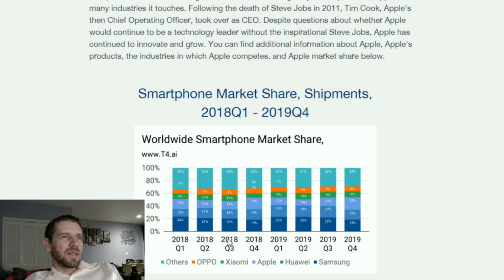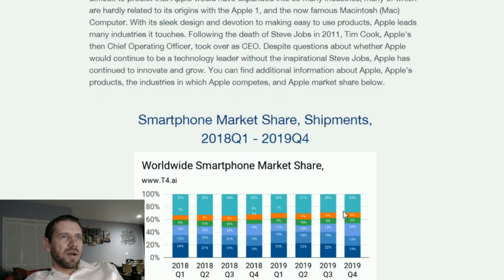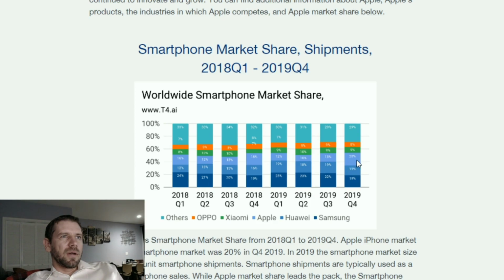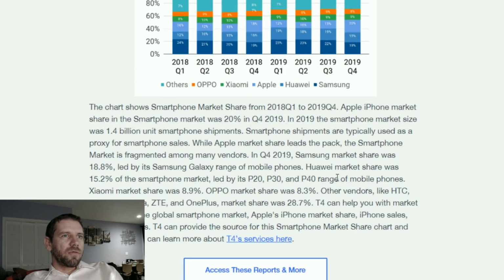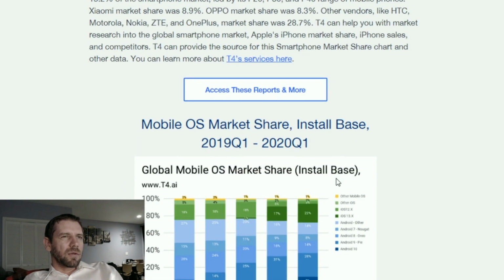And you can see that Apple has like a high-teens to low 20s percent, which is more than the 16% it had in 2018 Q1. In 2019 Q4, it had like 23% or something like that, about 20%. So a lot more phones being bought worldwide.